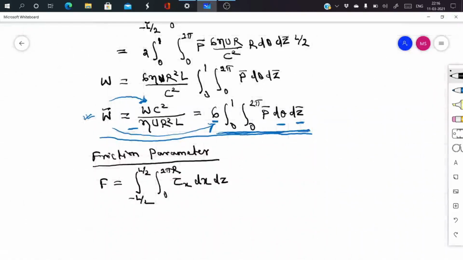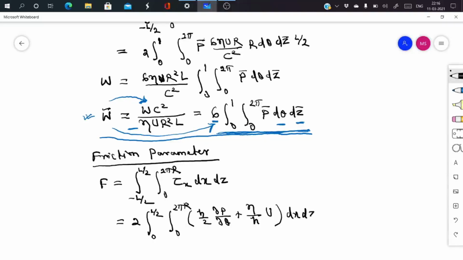Okay. Now here you can substitute this tau x, take 2 outside, so 0 to L by 2, 0 to 2 pi r, substitute the value of tau x which is equal to h by 2 del p upon del theta plus eta by h into capital U. So this is into dx dz.